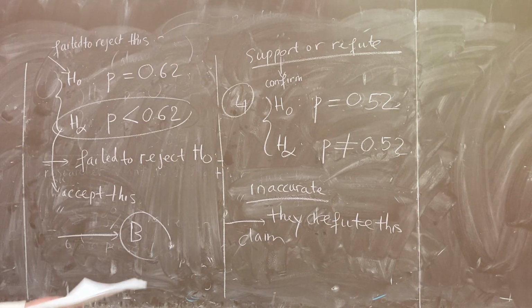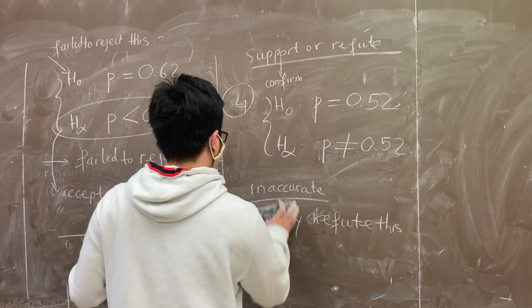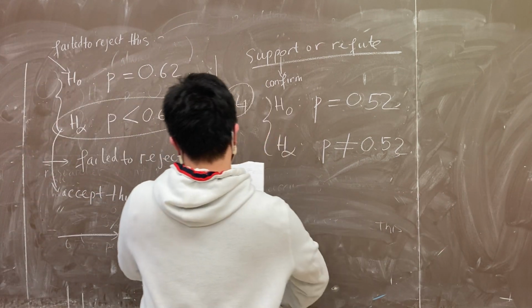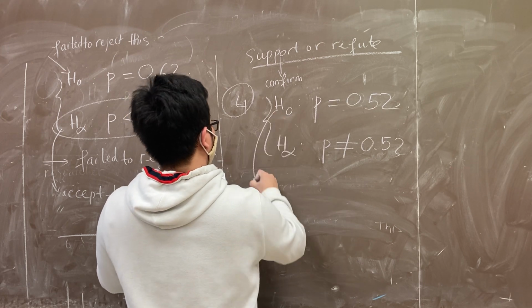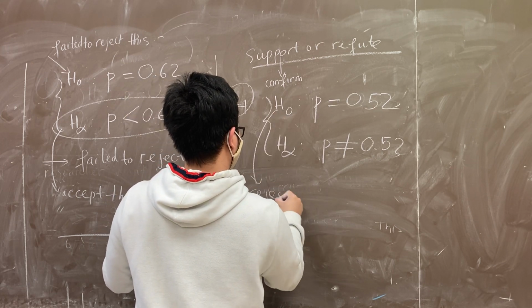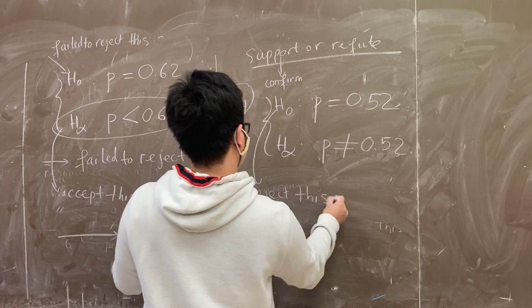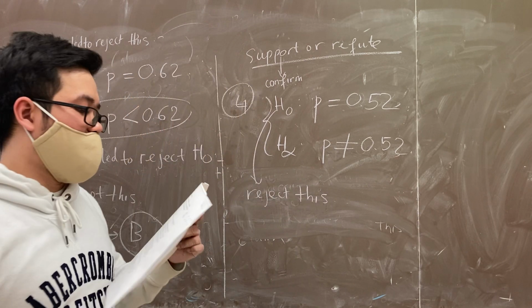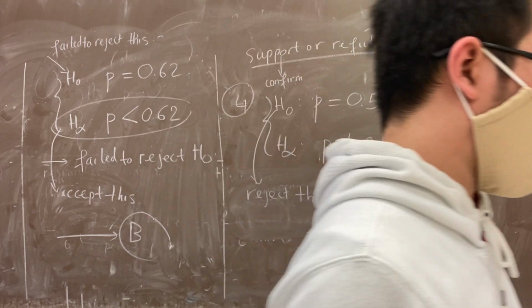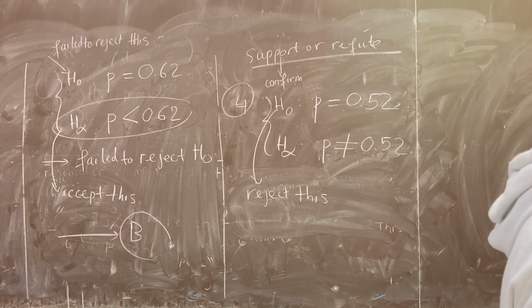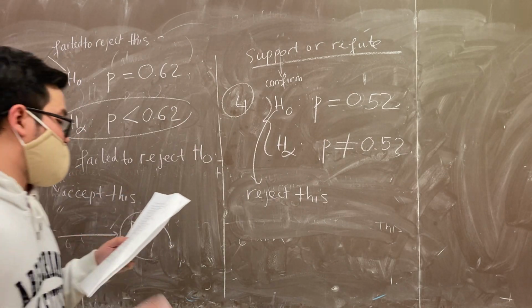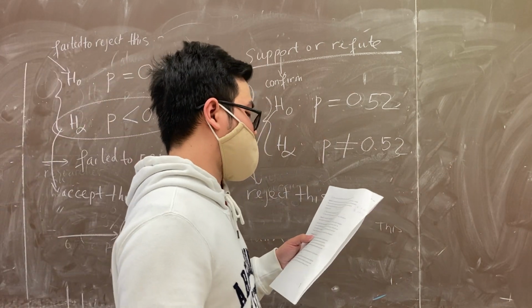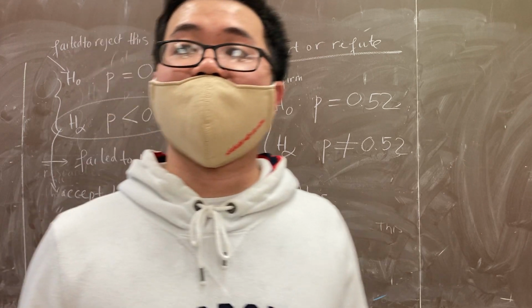Okay. So now you look at the decision here. The decision here is to reject the null hypothesis. They want to reject this. So what is the conclusion regarding the public search claim? There is sufficient evidence that the percentage is not 52%, or there is not sufficient evidence to say that the percentage is not 52%.